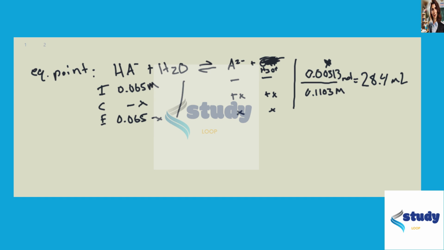So we're going to use the pKa2, the second pKa, which is equal to 11.8. So the Ka2 is equal to 1.58 times 10 to the minus 12.